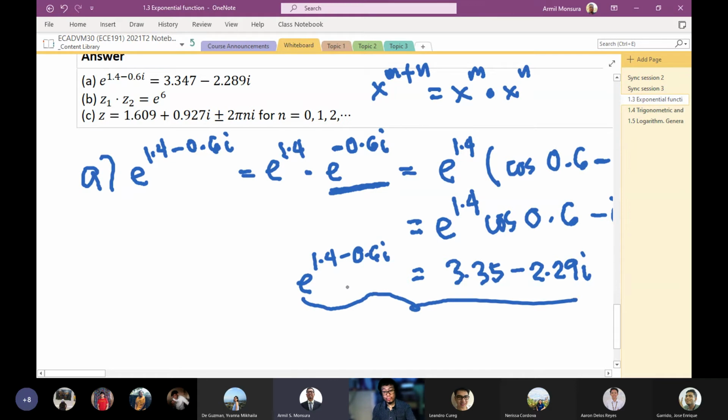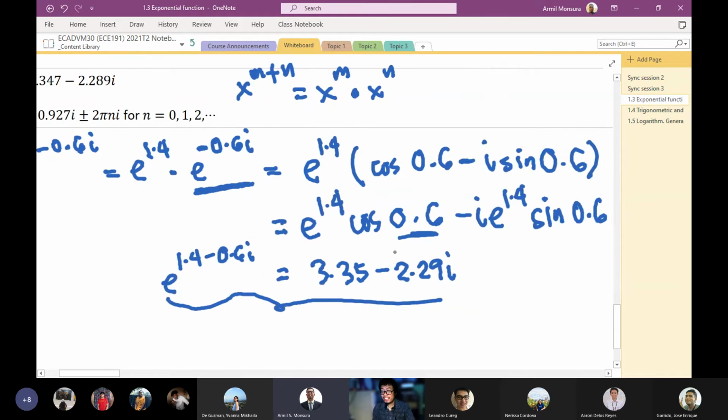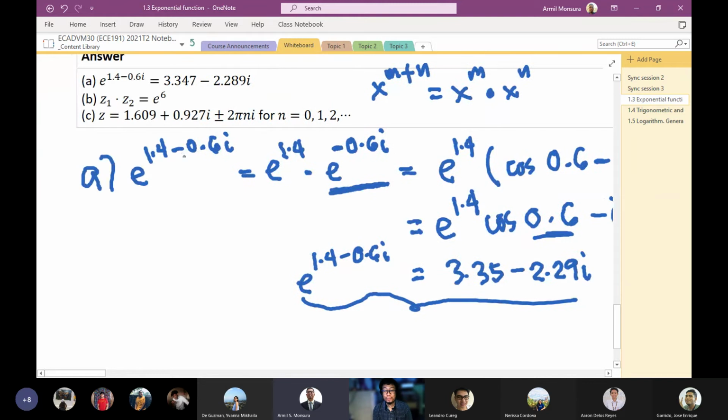Take note lang when you are computing this, 0.6 here is interpreted to be radians. Bakit radians yung interpretation natin dito sa 0.6? Because it came from the exponential form. And again, every value here in the exponential form, if it becomes an angle measurement, is measured always in radians. Okay, is that clear?